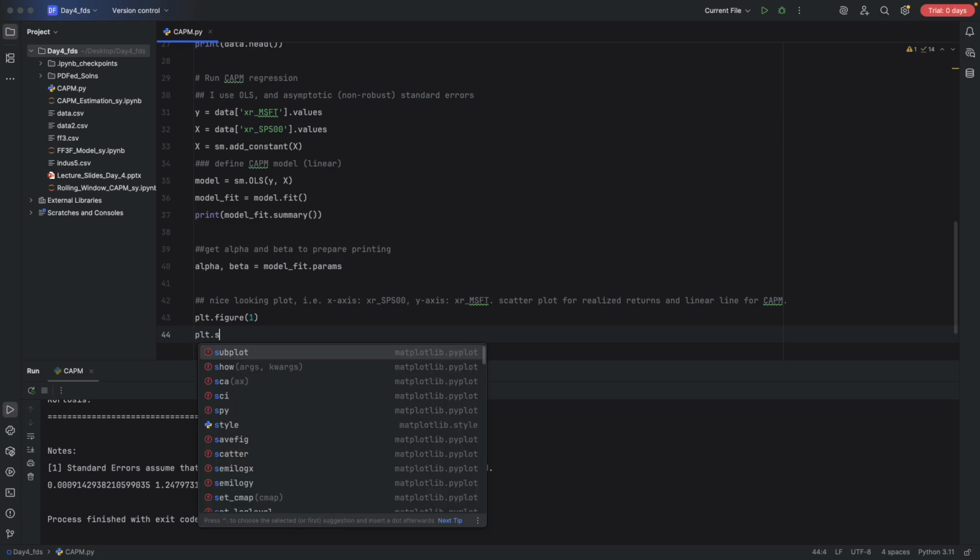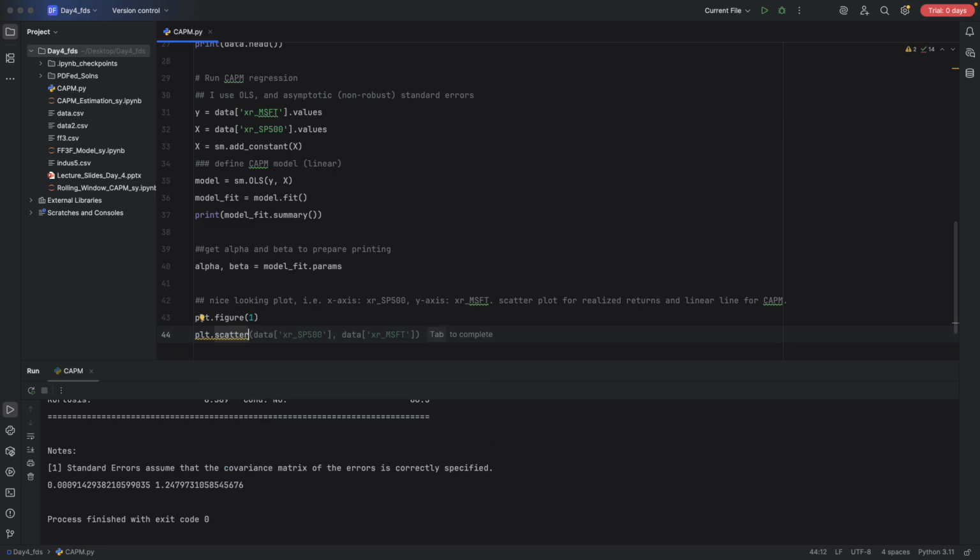So I do plt.scatter, which already gives me a suggestion. I just need to make sure x and y are the same. They are the same. Python already knows from the regression above, because it saw I was regressing y on x. This really saves me time.